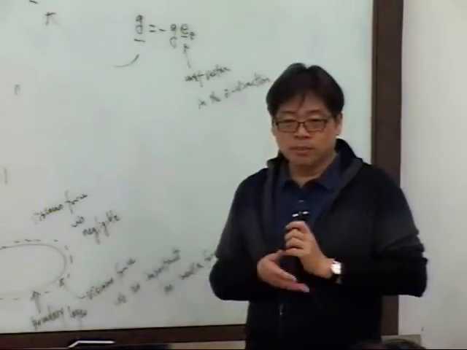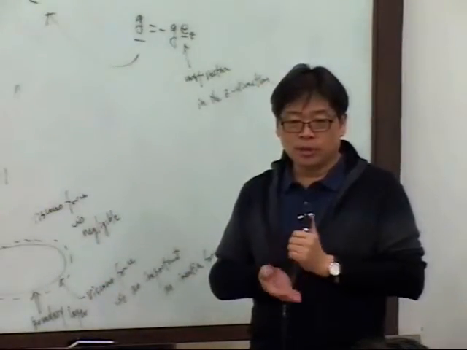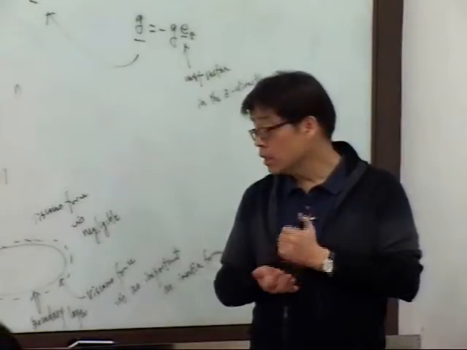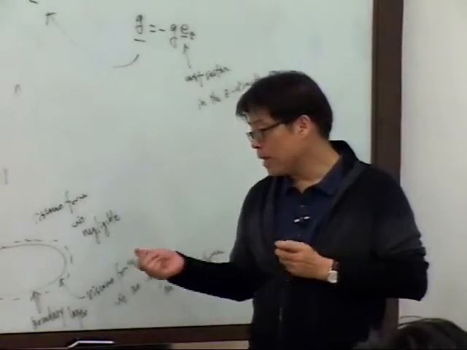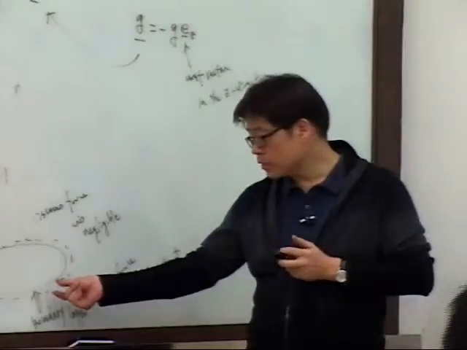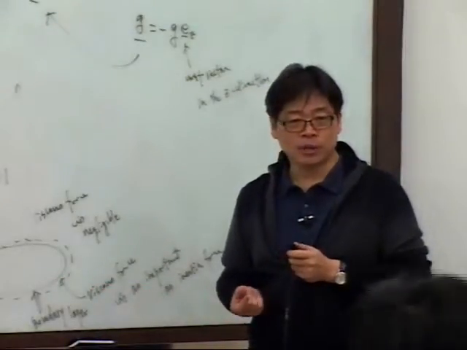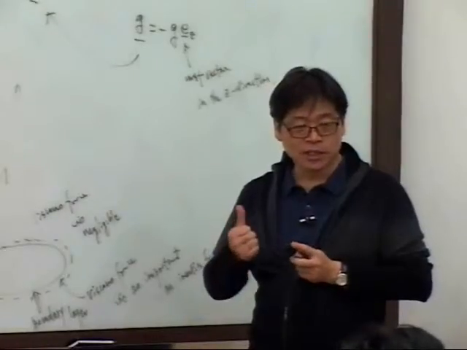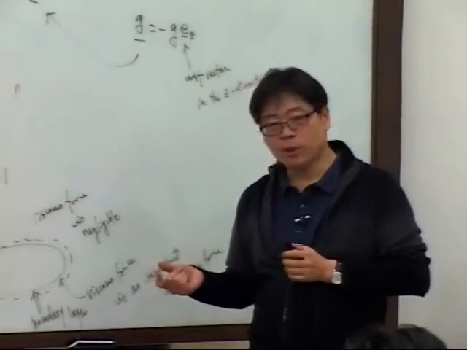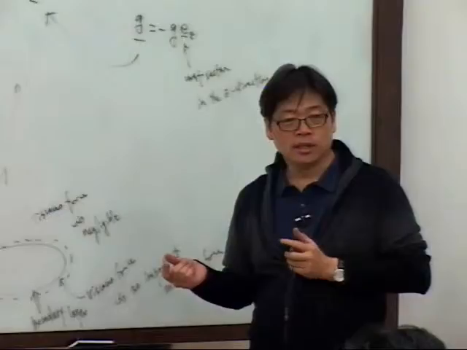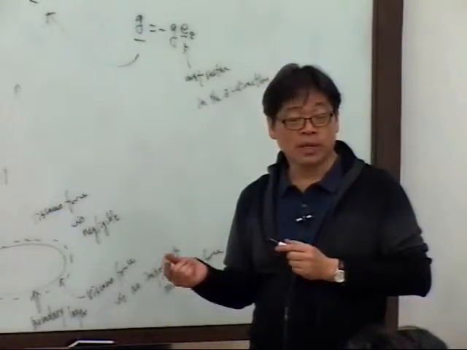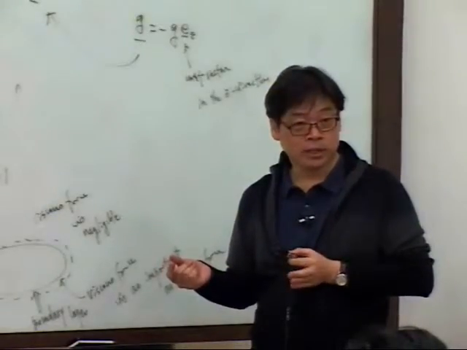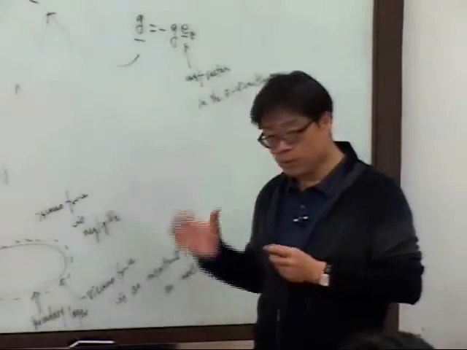I'll talk about this a little bit more when I talk about the boundary layer and so on. But the bottom line is, the thickness of a boundary layer depends on the Reynolds number as well. If the Reynolds number becomes larger and larger, then the thickness of the boundary layer becomes smaller and smaller, as you expect, because the inertial force is dominant.